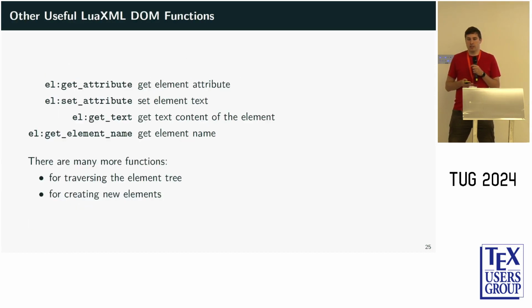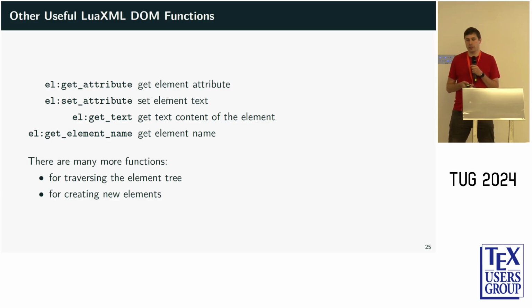So then there are some other useful functions for working with the DOM object. You can, for example, set elements, get attribute values. You can get the text that is in the element.